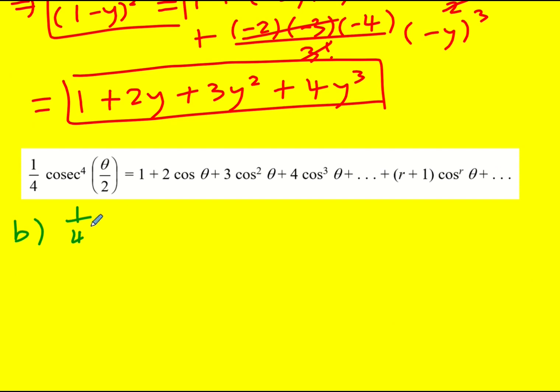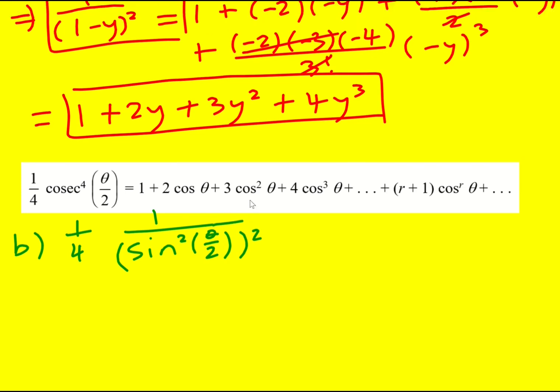So I'm going to have 1/4. I know that cosec is 1 over sine, so I can write it as sine squared theta over 2 all squared. I'm just trying to get it in the right form.